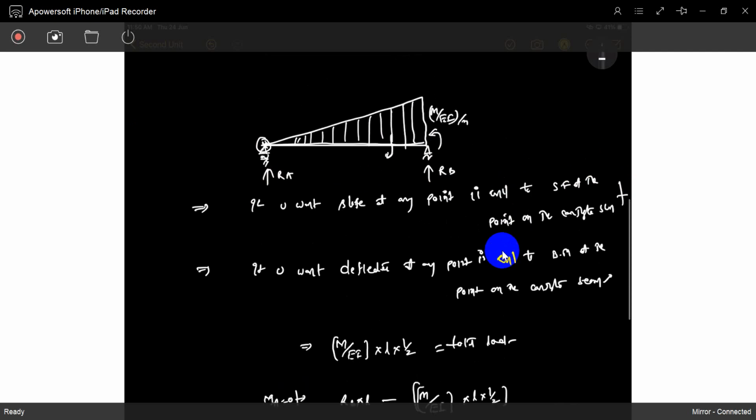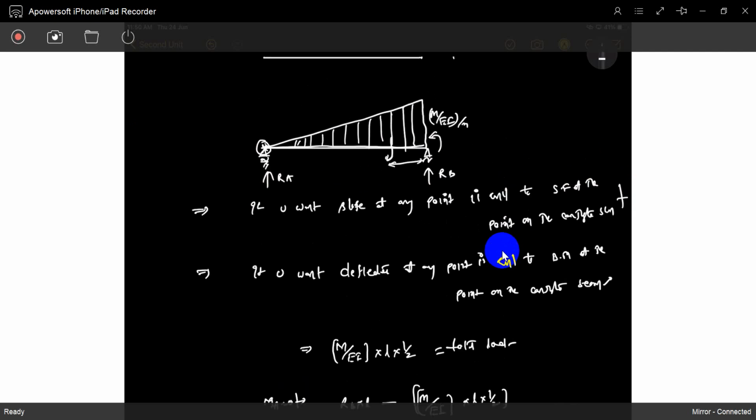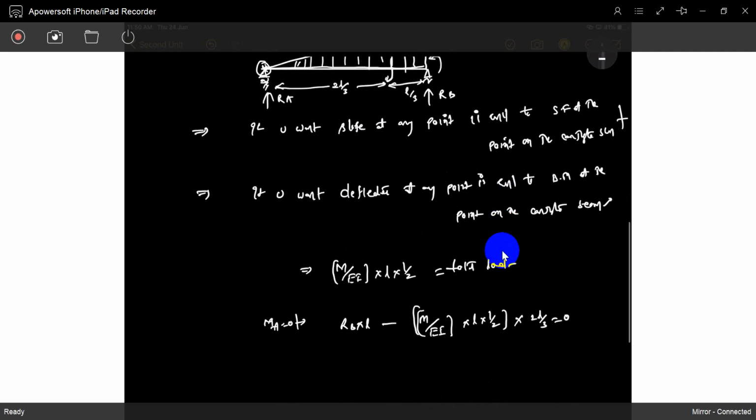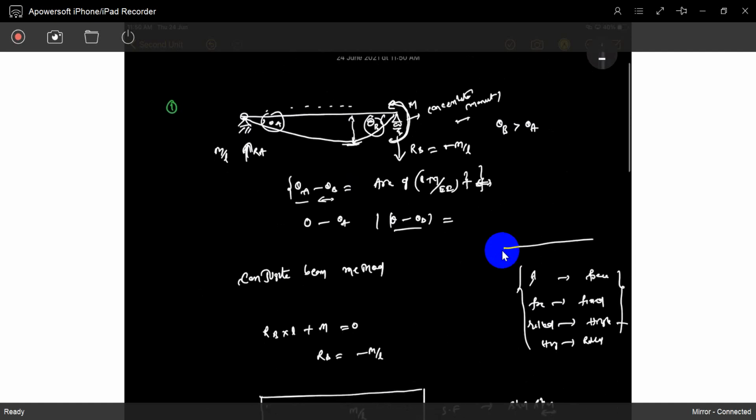It acts at a distance of 2L by 3 from A, since the centroid of the triangle is L by 3 from B. So taking moment at A equal to 0: RB into L minus this load into 2L by 3 equals 0. The L's cancel, the 2's cancel, and RB is ML by 3EI. That is equal to the slope at B. So theta B is ML by 3EI.